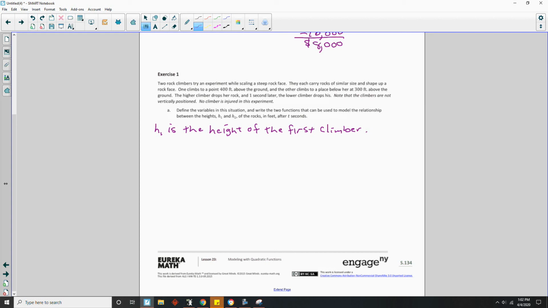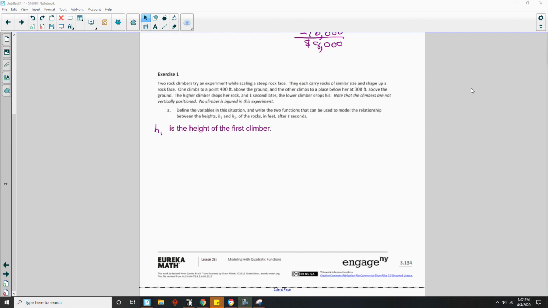Okay, and h2 is the height of the second climber. Okay, and then t represents the number of seconds passed since the higher climber dropped her rock.